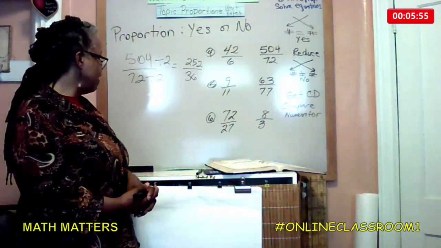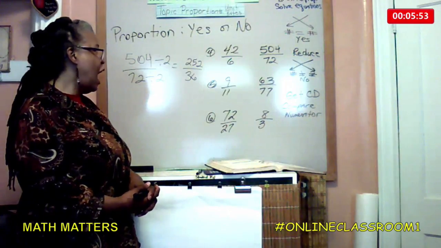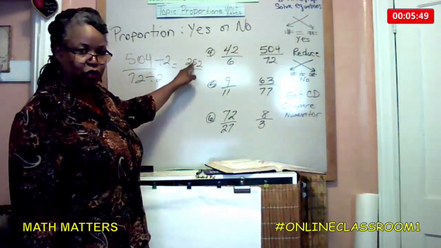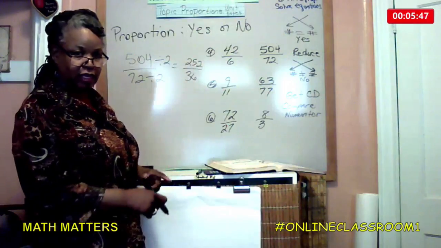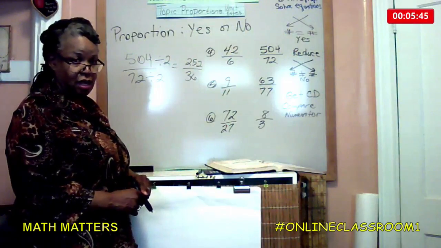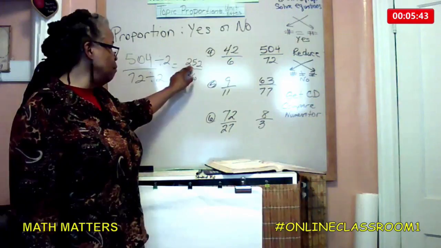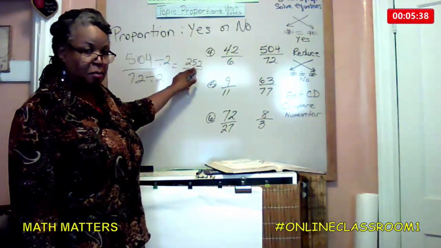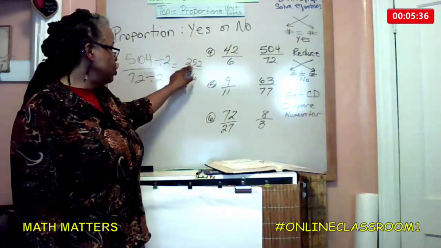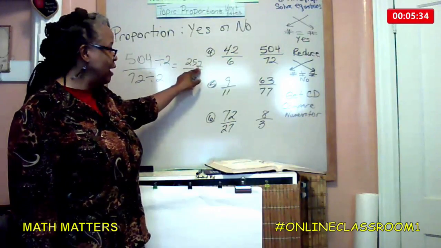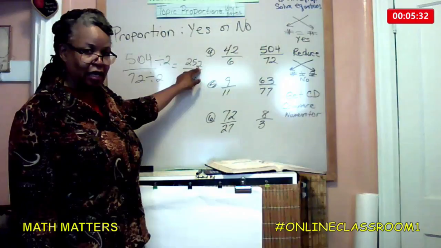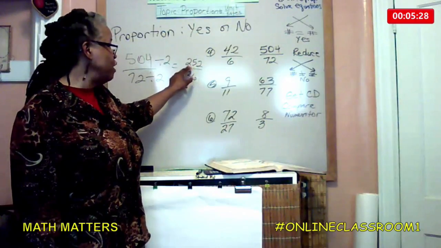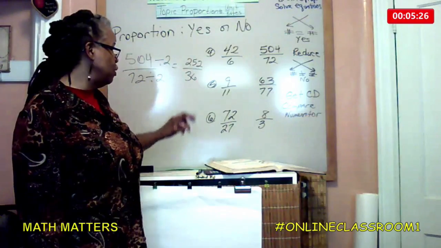I know that 252 divides by 3. You can check whether a number divides by 3 by adding up the digits. 2 plus 5 is 7, plus 2 is 9. 3 goes into 9, therefore 3 goes into 252.